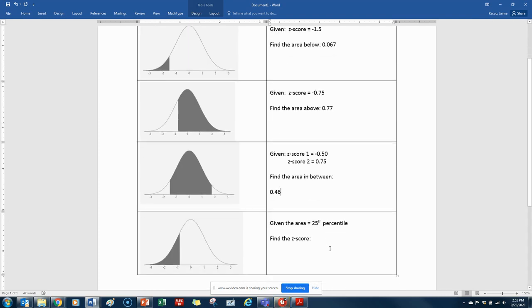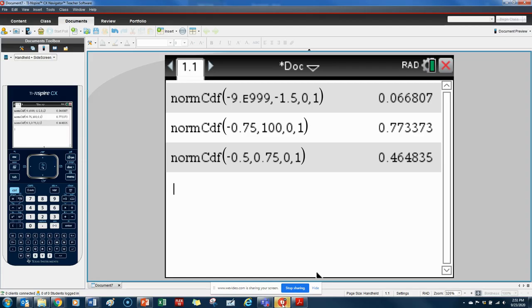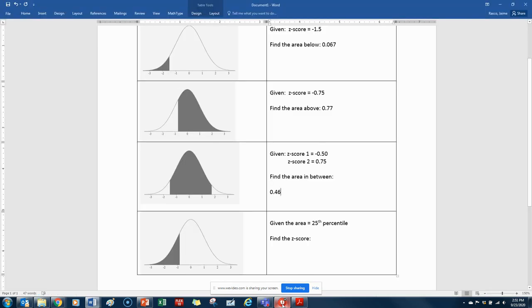And then finally, not all the problem, some of the problems would give us the area already. Like in this last problem, we are given the 25th percentile. Percentile means the area from left to right. And we are required to find the z-score.